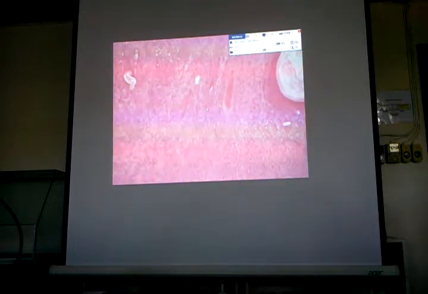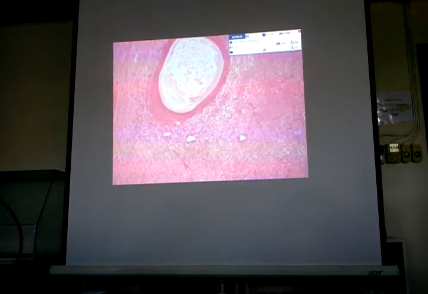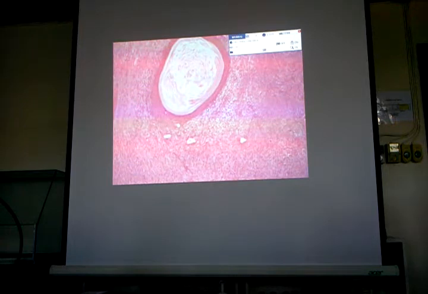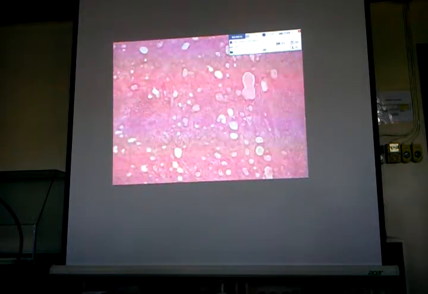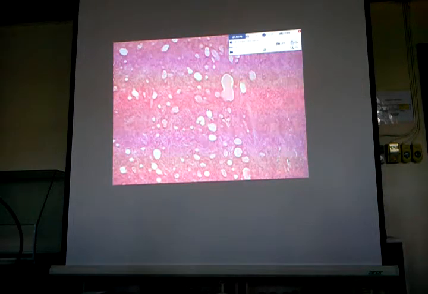Basically, these cells originate from the connective tissue of the salivary gland. Okay, we are even seeing what type of epithelium is shown. Epithelium here. Is it simple or stratified? Stratified squamous.